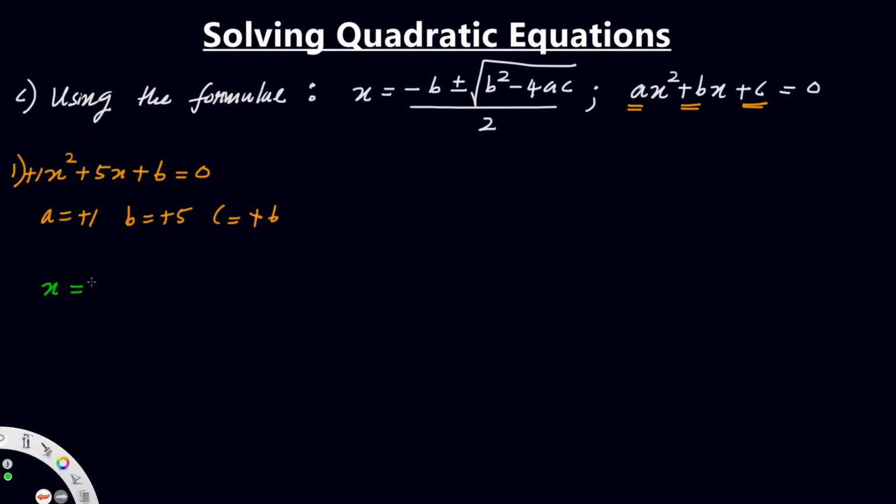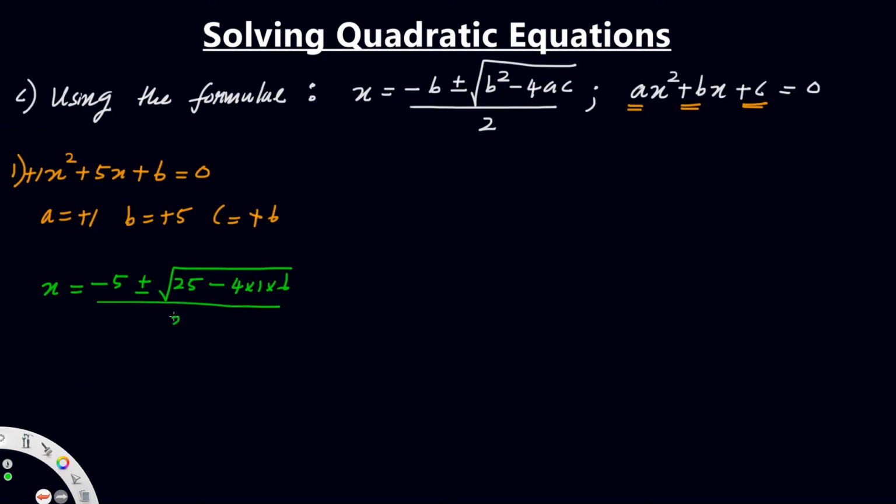So b would be plus 5, so it's going to be minus 5 over here. Plus and minus, b squared would be 25, minus 4ac. 4ac is going to be 4 times 1 times 6. So square root of that, the whole thing divided by 2a.